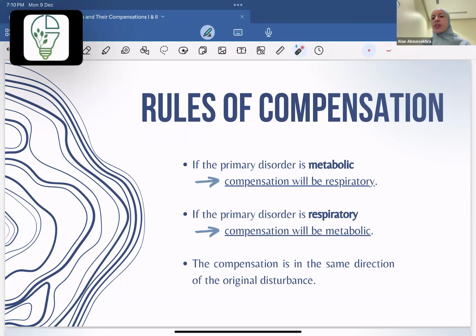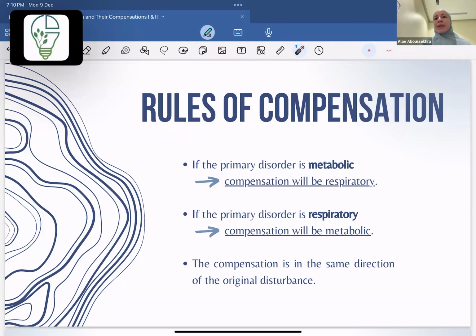If the primary disorder is metabolic, compensation will be respiratory. That means if the primary disorder happens because of a metabolic change, a change in bicarbonate, the compensation needs to happen via the other system, so it's going to be respiratory.